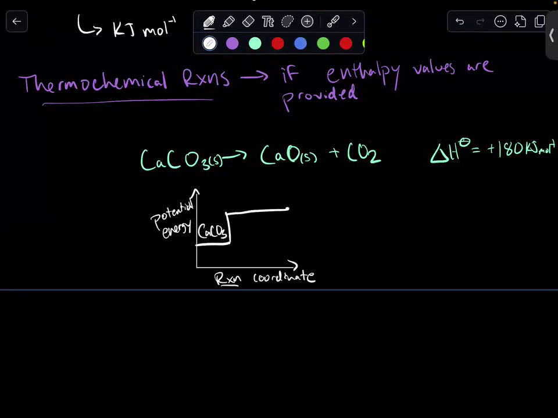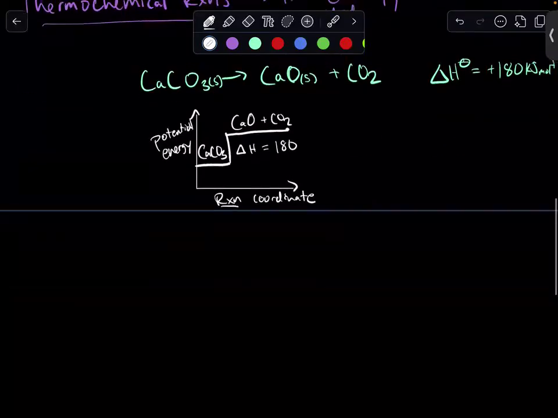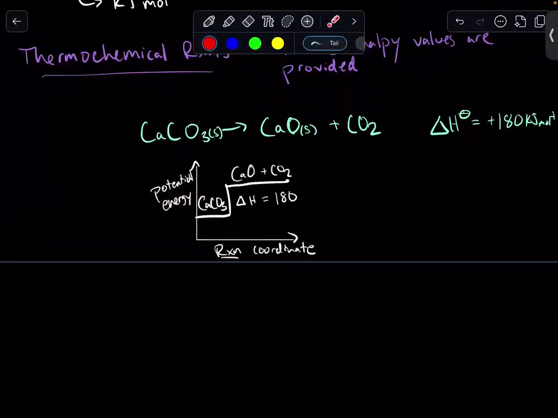CaCO3, and then up here we have CaO plus CO2, and this is our delta H, which we know equals 180. So that's our energy change. Now, this is something that you will be able to do and should be able to demonstrate on your exams.